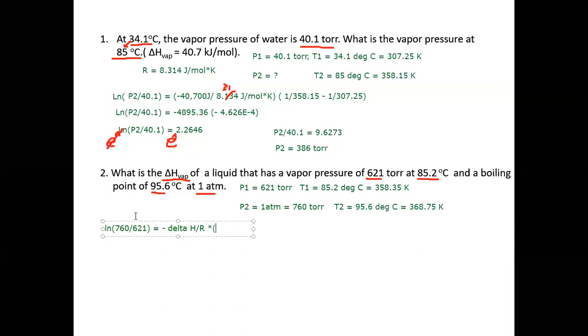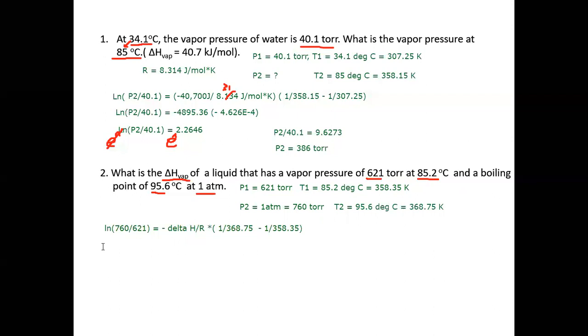Then we're going to have 1 over T2 minus 1 over T1. So again, we're getting the 1 over T2 minus 1 over T1.